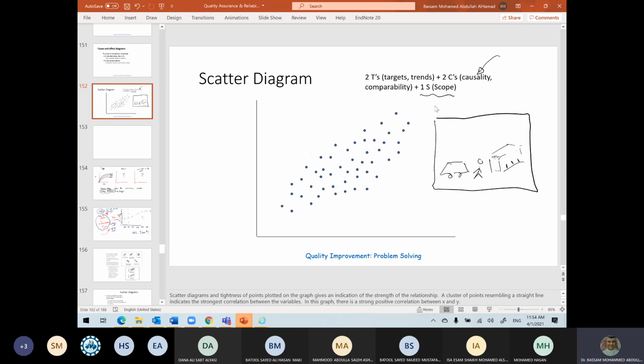So what is the scope? Is our scope talking about only boys' schools, or also we want to talk about the boys and the girls' schools? So what is the scope? Is our scope talking about only the students of first year, or we are talking about all of the students at University of Bahrain?